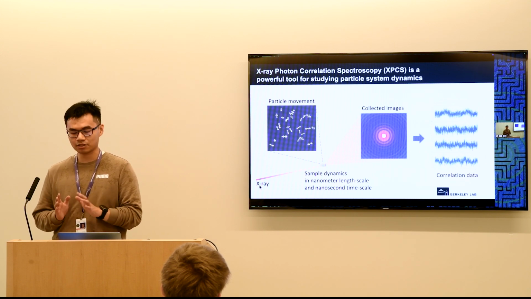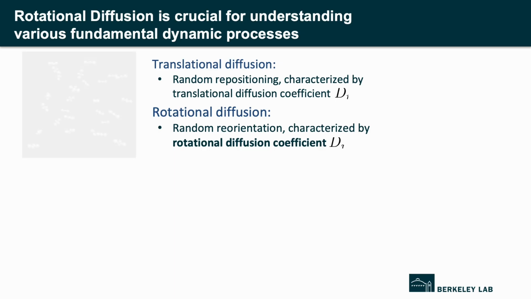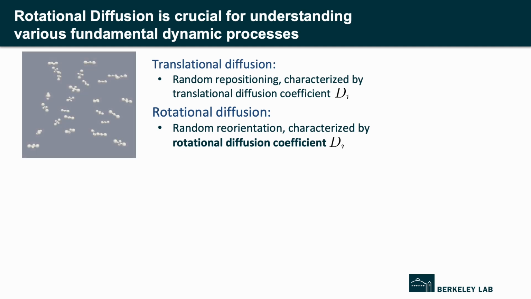And then by analyzing this correlation data, we can reveal information embedded in the collected images, which in turn tells us valuable insight into the sample dynamics that we want to study. With this technique, we can actually study sample dynamics in nanometer length scale and nanosecond time scale. So quite powerful.